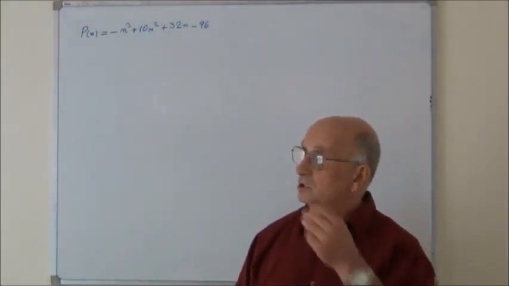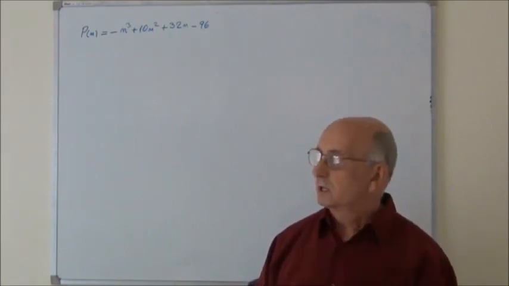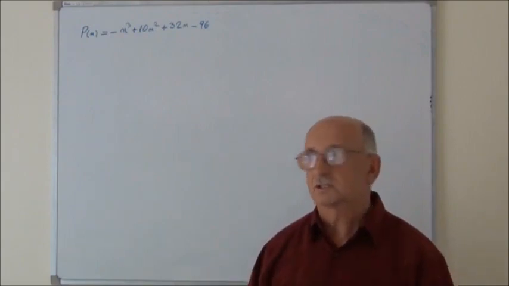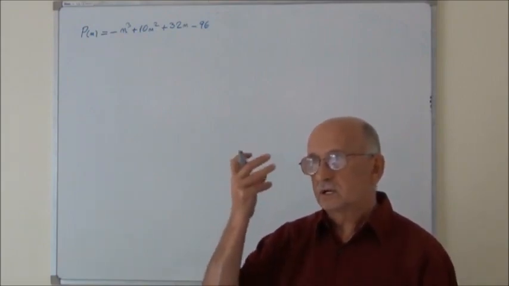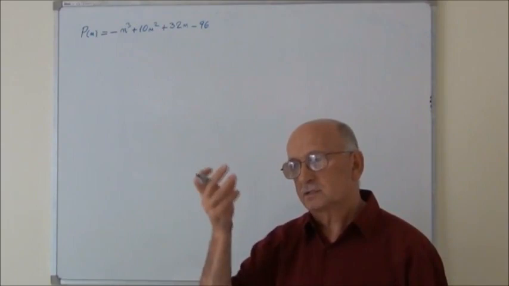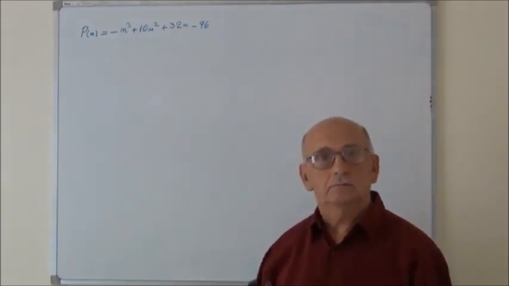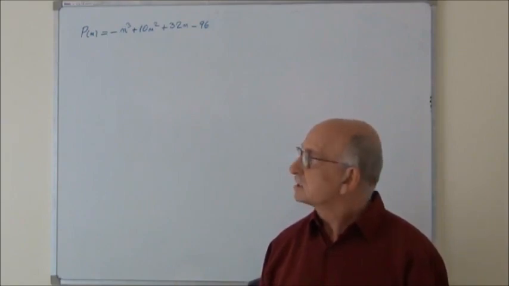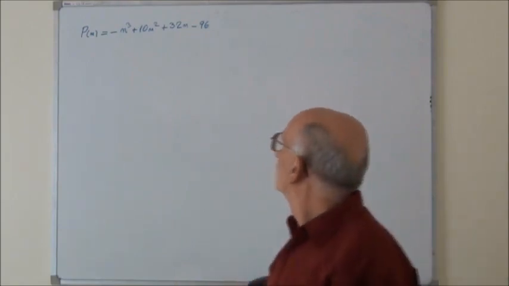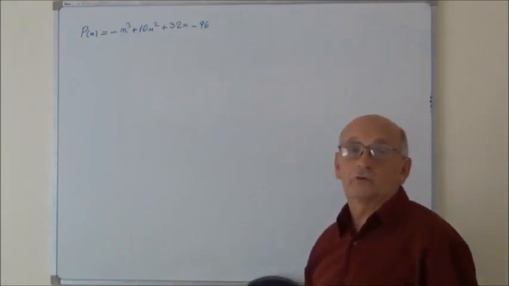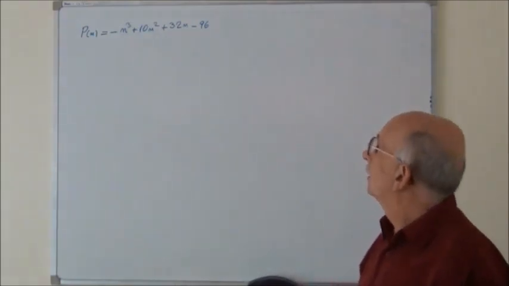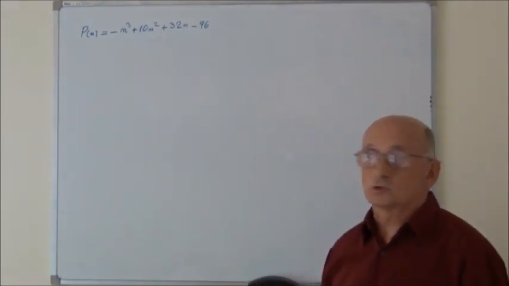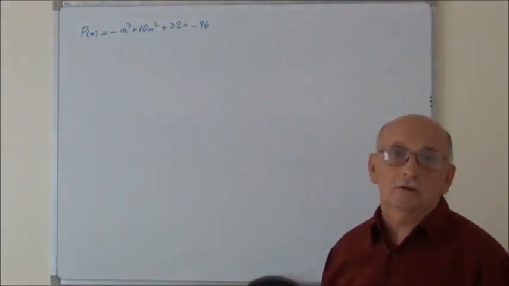I mentioned once in previous sessions that when we have worded questions, always try to visualize the problem described by that question. So in this case, we are in a manufacturing production area, if you like, where some company, of course, has to make a profit, otherwise it will be closed down.